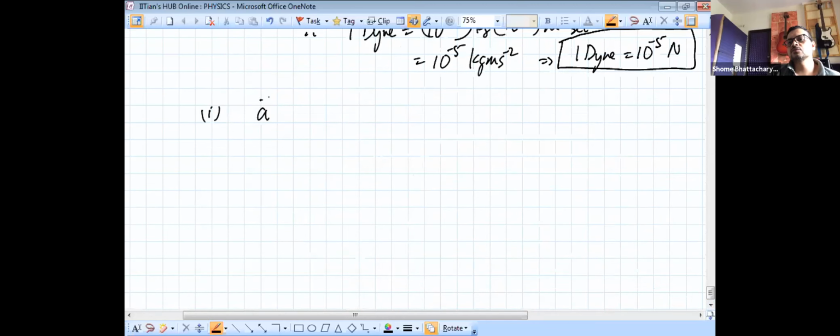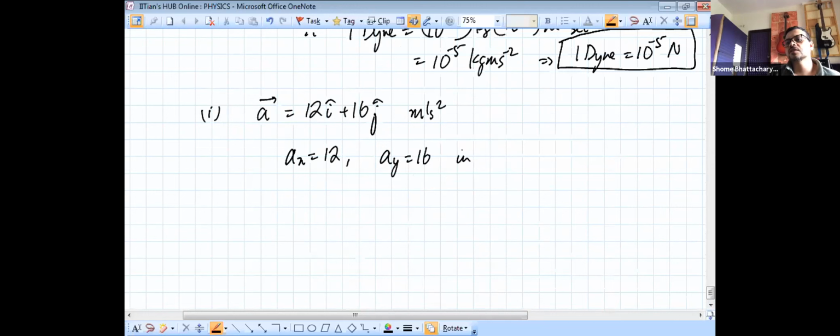So the first one, the acceleration was given to you as 12 i cap plus 16 j cap meters per second square. So the acceleration's x component was 12 and y component was 16 in meters per second square. So the magnitude of the acceleration, which is what I've asked you to find out, is the square root of x component square plus y component square.